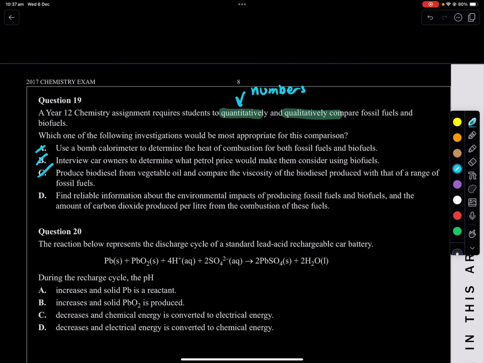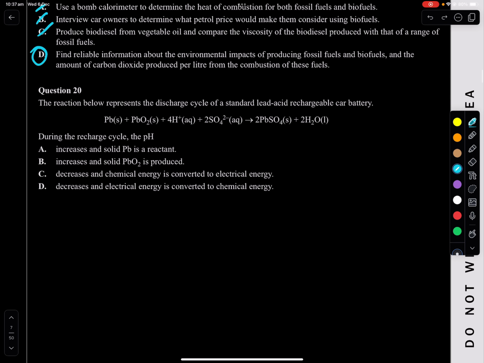Okay, D is great because it's talking about a qualitative analysis, the comparisons of the environmental impacts of producing fossil fuels. That's qualitative analysis. And then they talk about the amount, so in terms of numbers, how much carbon dioxide is produced. So D is your likely answer for that one.